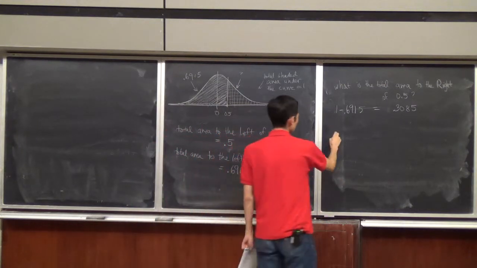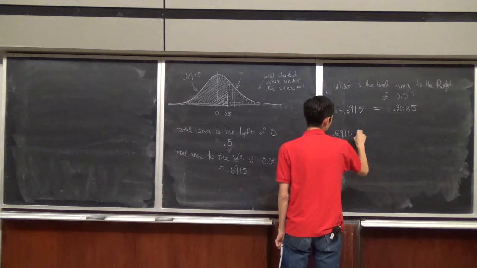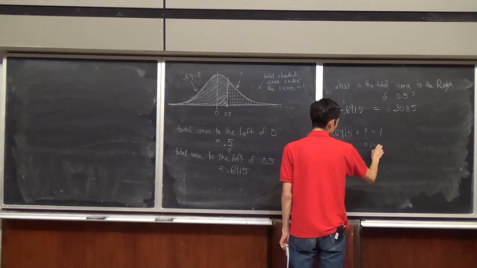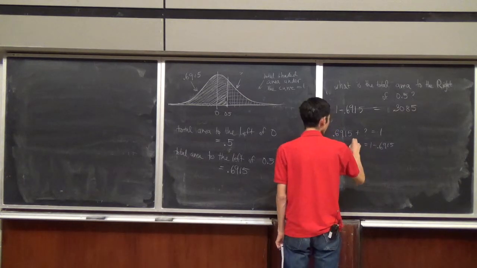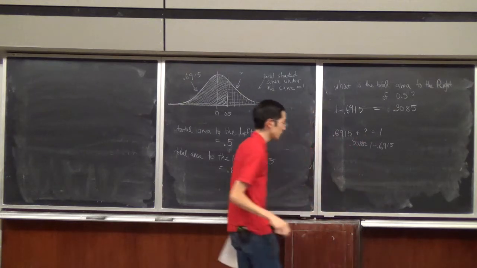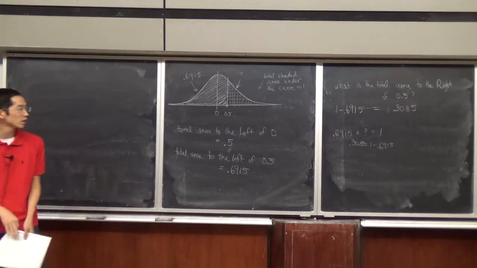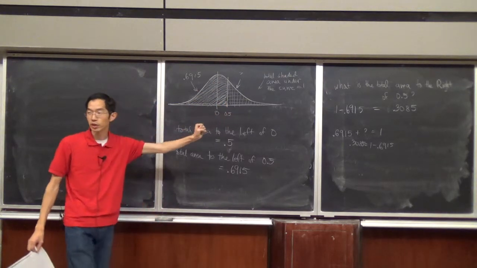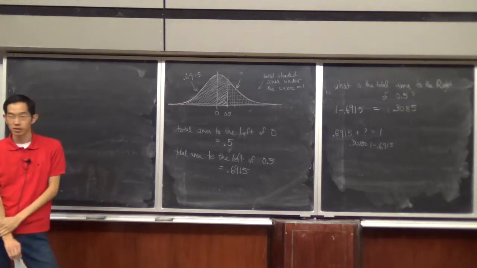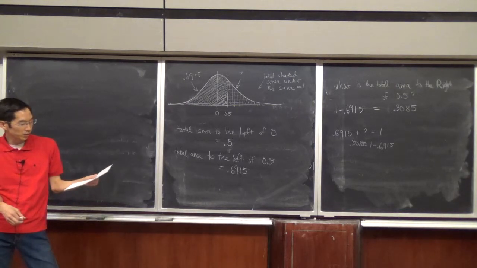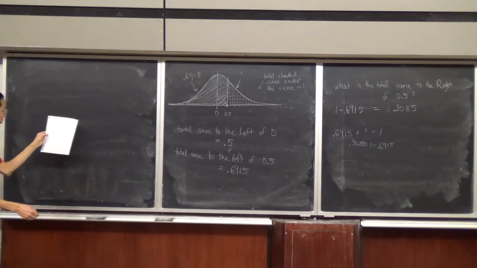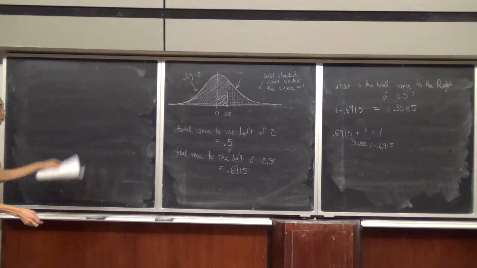So I have 0.6915 plus something is equal to 1. To solve for that something, I do 1 minus 0.6915, and I get 0.3085. So the area to the right of the cutoff line drawn at 0.5 is equal to 0.3085. Does that make sense? Okay, so this is where our table comes in. When you look at the table, flip over to the other side, A3.